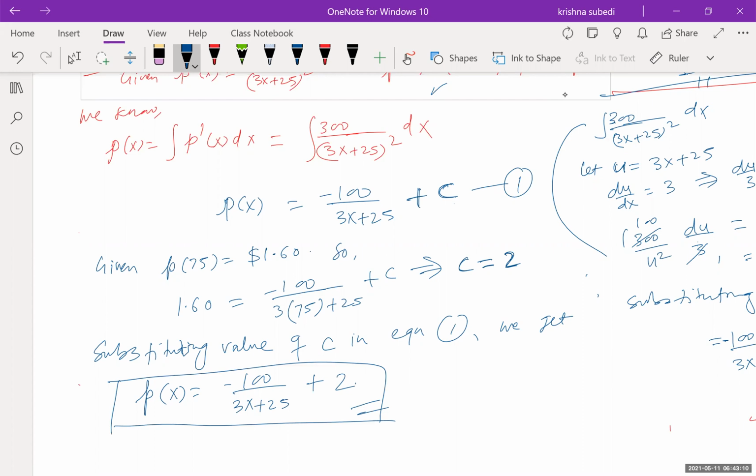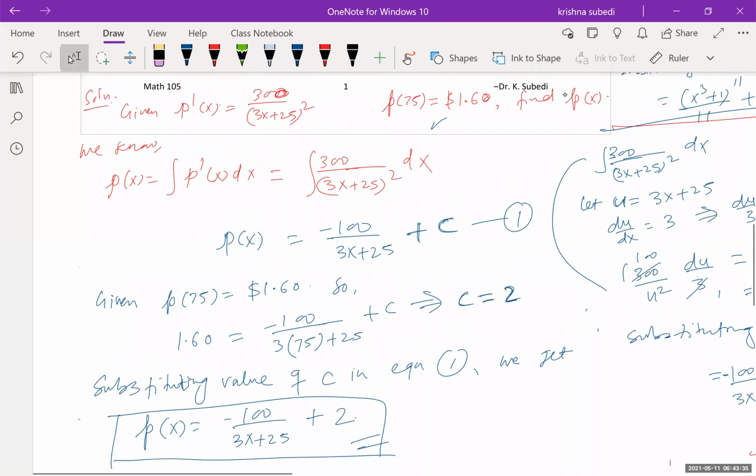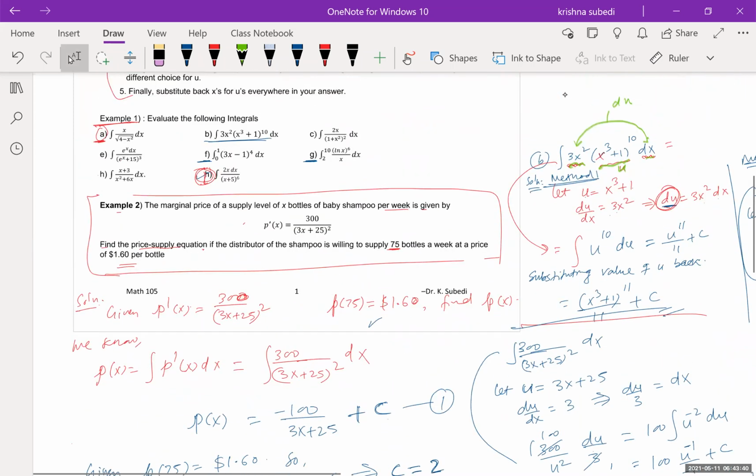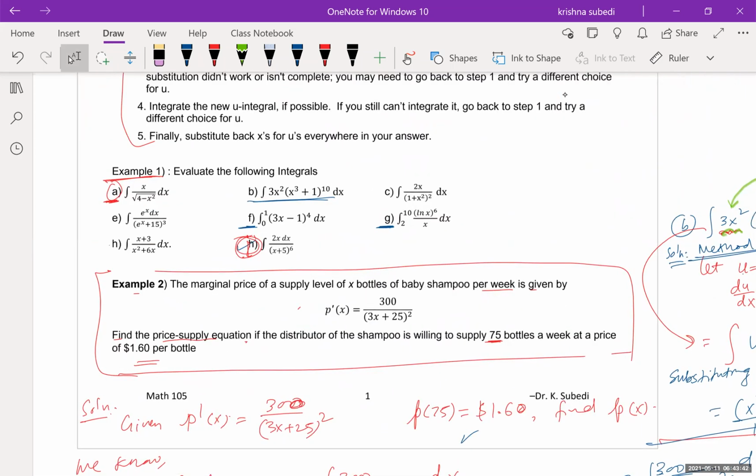So this is the main concept for this section, the substitution rule. We have seen the substitution rule for indefinite integrals, we have seen it for definite integrals, and we have used it to solve real world problems. So these are the 3 goals that I stated at the beginning of the class, and this is what we have done already. Now I want you to try the remaining questions, at least 2 questions maybe.